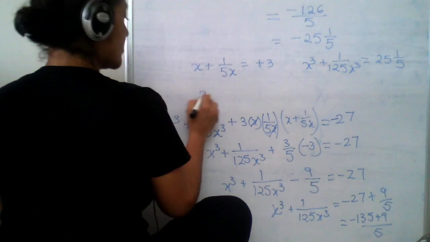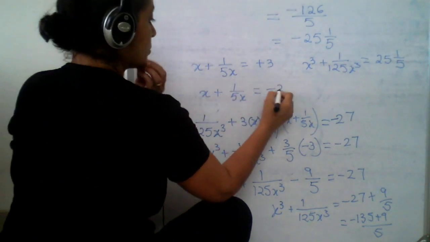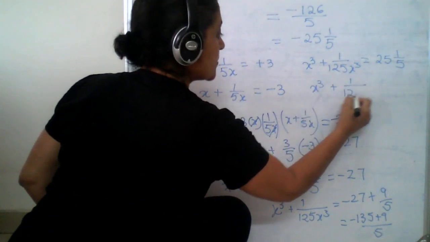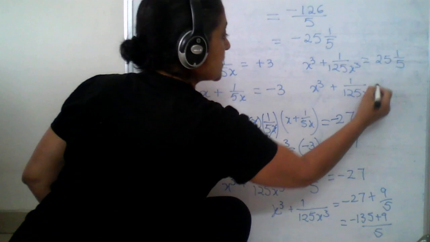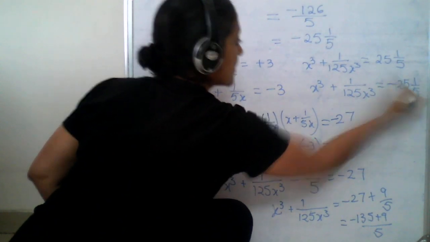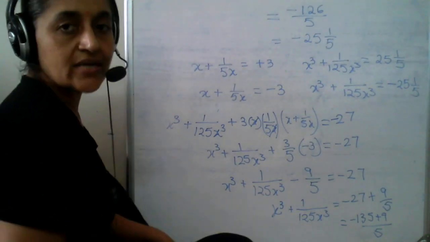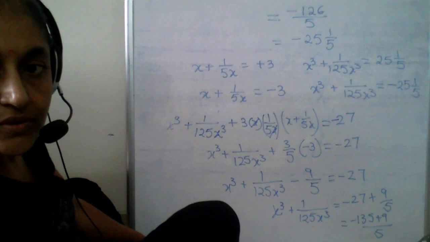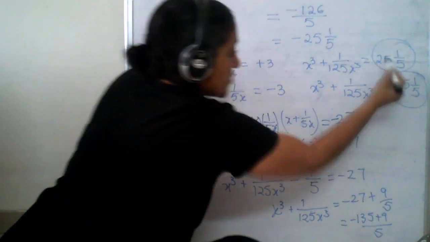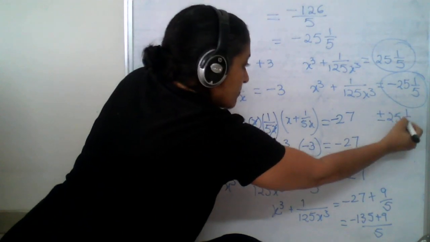Now when you take x + 1/5x value as negative 3, you will get x³ + 1/(125x³) equal to negative 25 1 by 5. So this only we can solve at a time if you understand positive and negative values. Okay, so these two values you can together write as positive or negative 25 1 by 5.